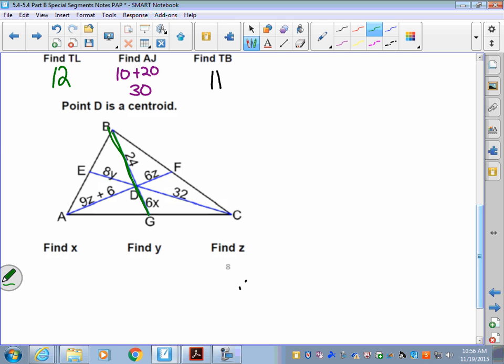Or, instead of using the third or the 2/3, we do 2 to 1. So 2 of the 6X will equal 24, or 6X would equal 12, because it's 2 to 1. If I half the 24, that would be my 1. So X is 2.